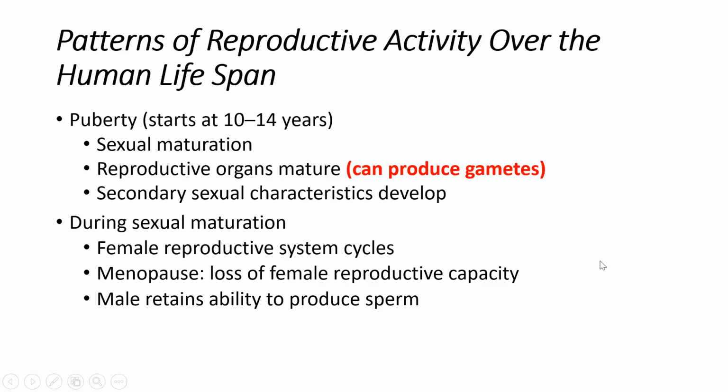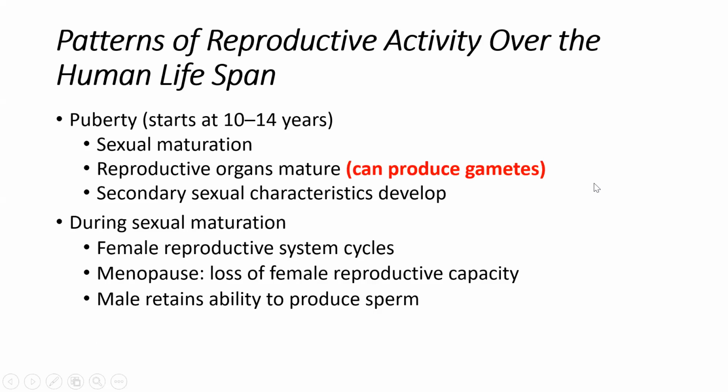So when you get to studying this, if you end up going to grad school, if you get more involved in this type of science, you may see new data emerging in terms of menopause and in terms of females losing their reproductive capacity at around 40.